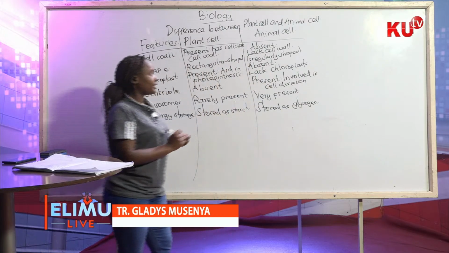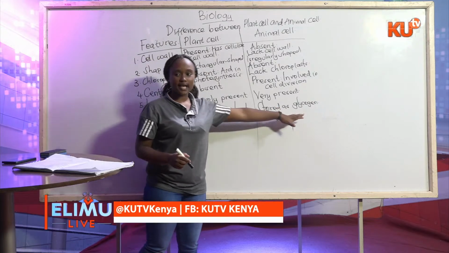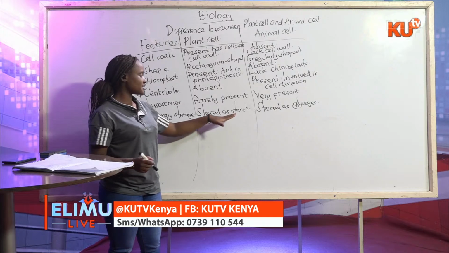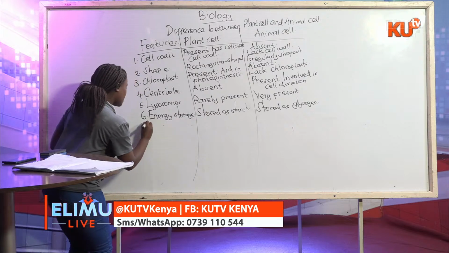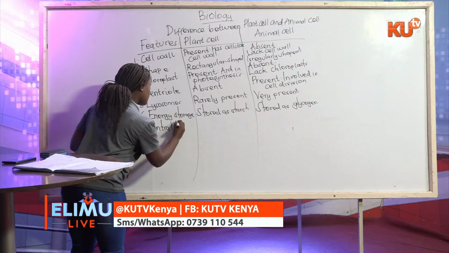So in animal cell, the energy is stored as glycogen, and in plant cell, the energy is stored as starch. And then we have the central vacuole.